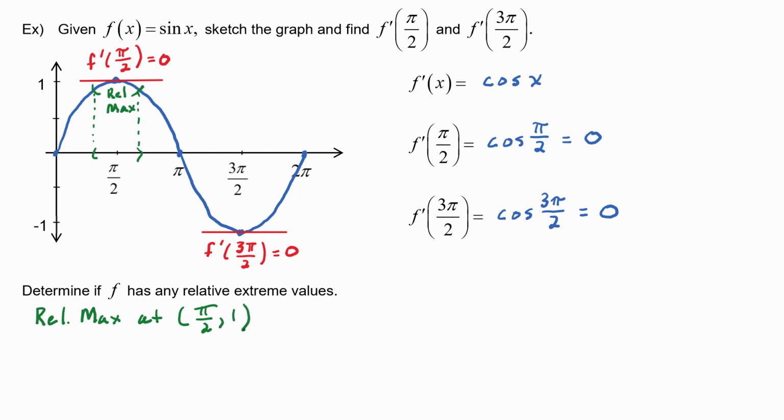Now notice that the value of the derivative there is exactly equal to 0. So where f prime of pi over 2 was equal to 0. Again, we're just trying to notice some facts about what's happening on the graph at the places where there are relative extrema. And at x equals 3 pi over 2, we can make an open interval around that x value.